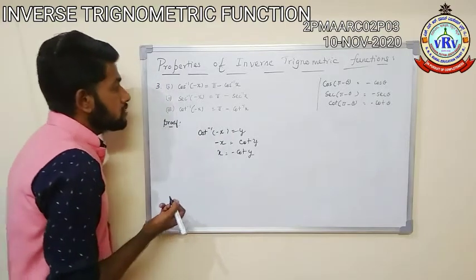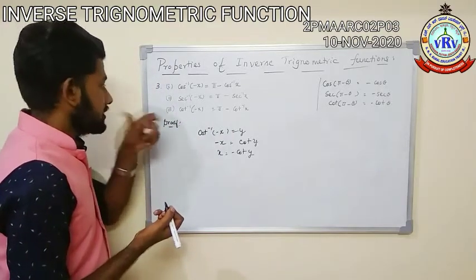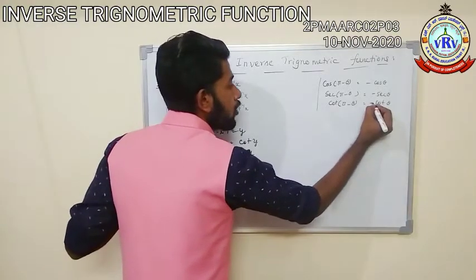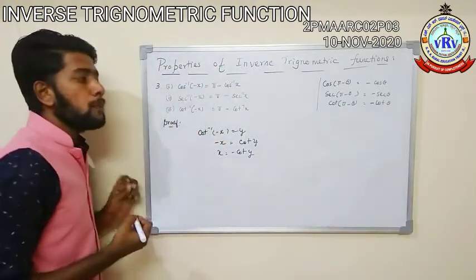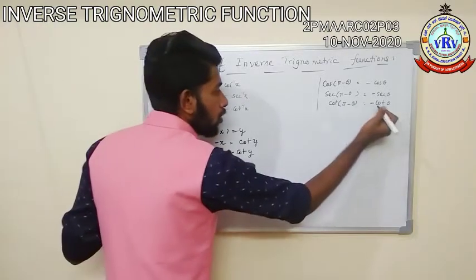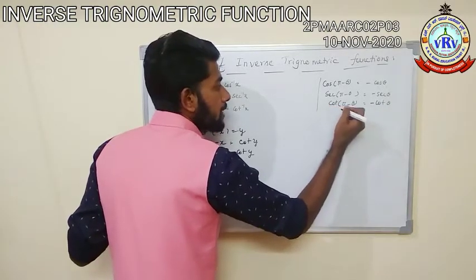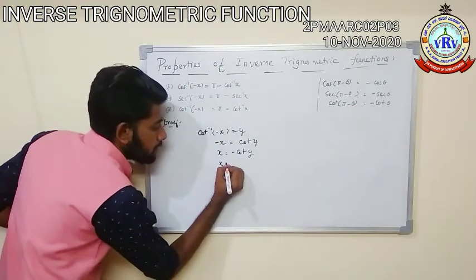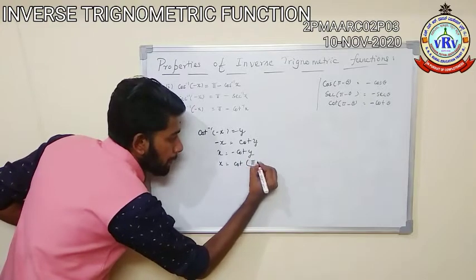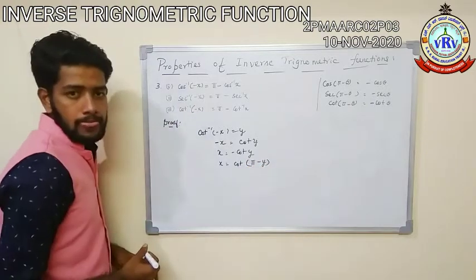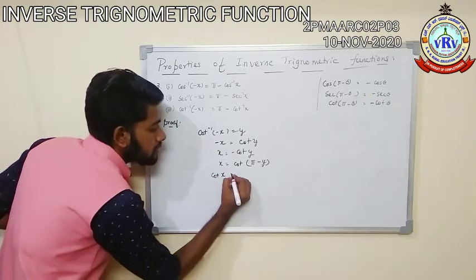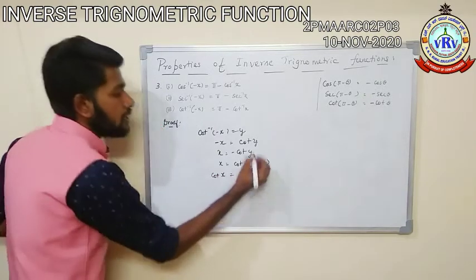Minus of cot y is cot of pi minus y, so I am using that property. So it will be cot of pi minus y. Again shifting cot to the other side, x is equal to pi minus y.